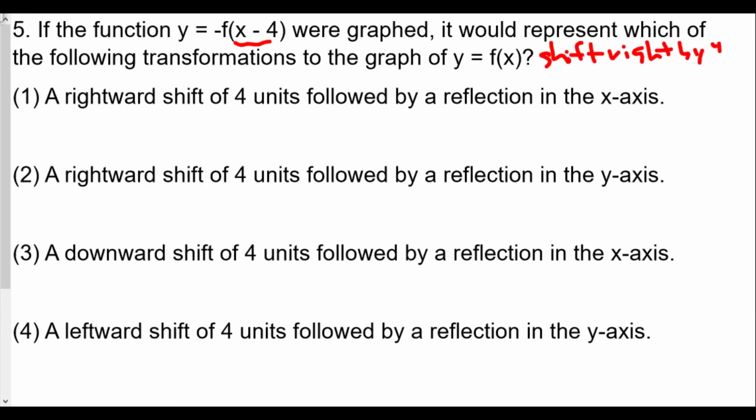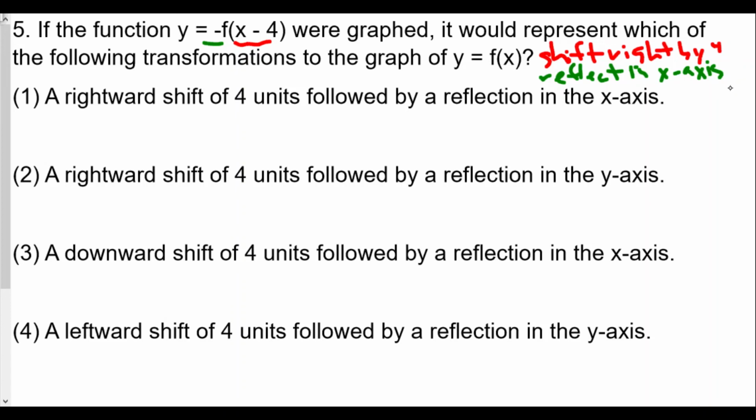And then we also have this negative 1 on the outside, which means reflect in the x-axis. But again, which one goes first? Well, we follow our rules for order of operations. And so we might say, well, we multiply first by negative 1, and then we add or subtract it.